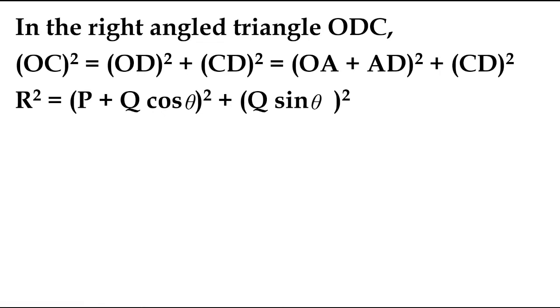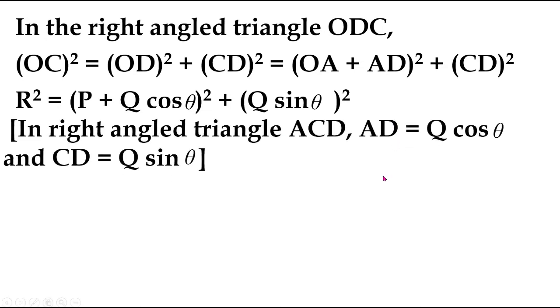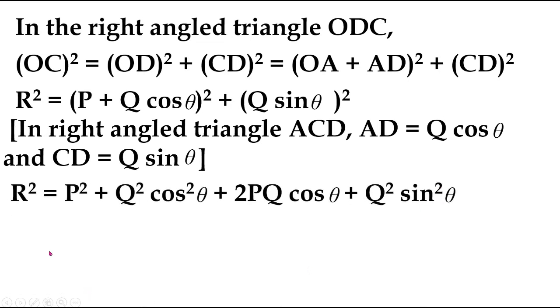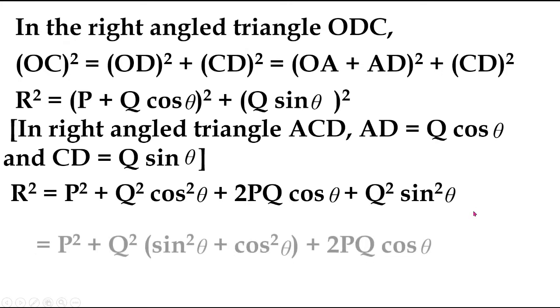From triangle ADC we can derive AD is equal to Q cos theta and CD is equal to Q sin theta. So in right angle triangle ACD, AD is equal to Q cos theta and CD is equal to Q sin theta. So R square is equal to P square plus Q square cos square theta plus 2PQ cos theta plus Q square sin square theta.